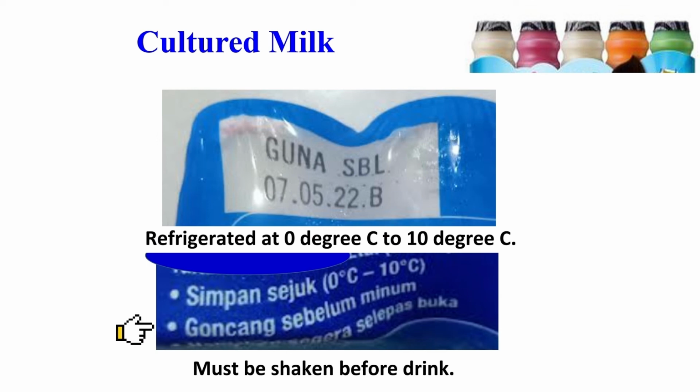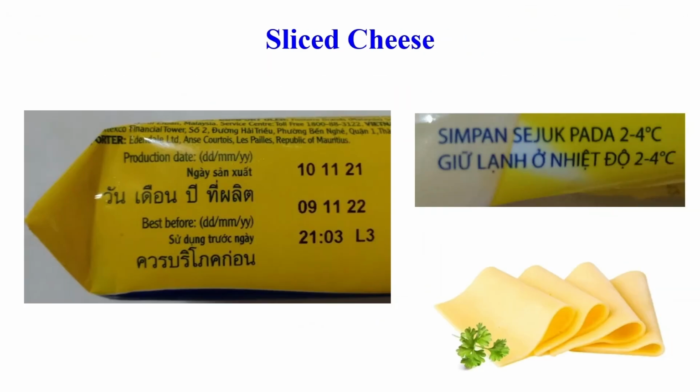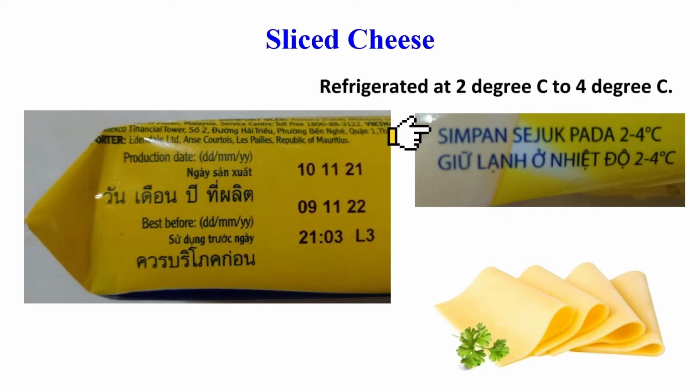Goncang sebelum minum means shake before drinking. This is another good example which states the best before date, and they also state you need to refrigerate, simpan sejuk at 2 to 4 degrees Celsius. Oh, very good, very good.